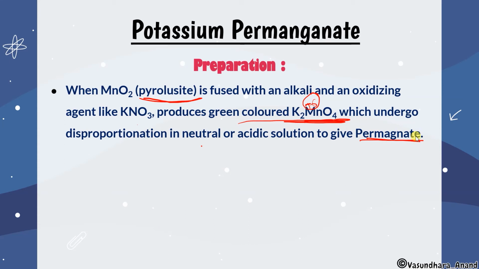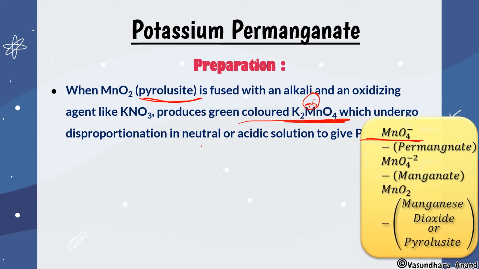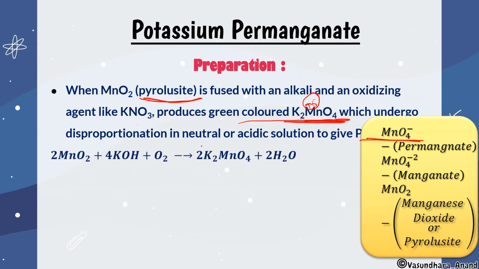Let's do the example reactions. Before that, you should know MnO4 minus is called permanganate, MnO4 2 minus is called manganate, and MnO2, manganese dioxide, is pyrolusite, as I just told you. When this manganese dioxide reacts with alkali, it gives potassium manganate.